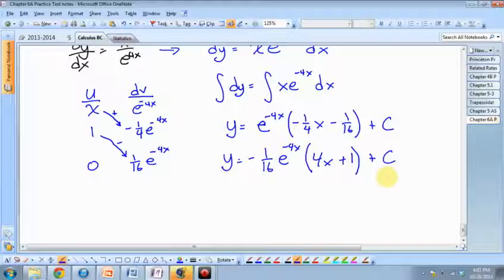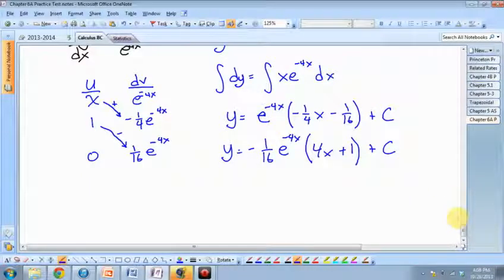Is the answer supposed to have a plus c in it? Yes it is. I'll fix that for next year. Hi, Julian. Hi, Julia. On multiple choice, will it be simplified all the way down? Not necessarily. It's possible that, let's say, 1/16 would be simplified.